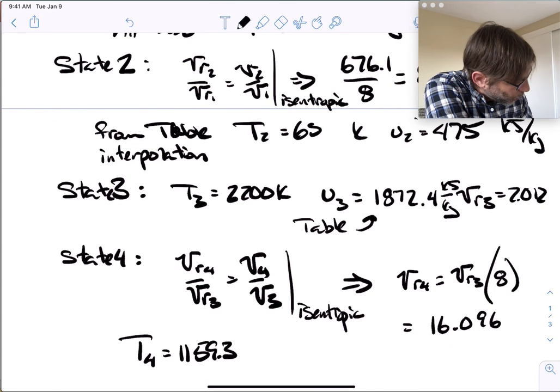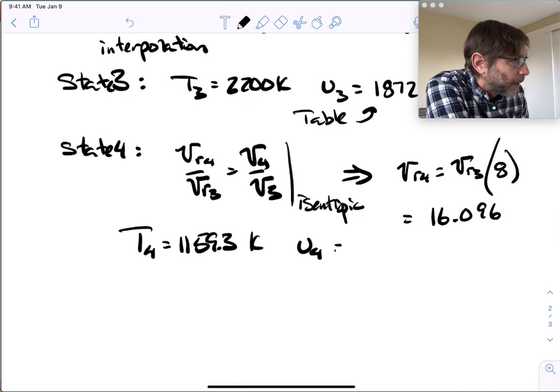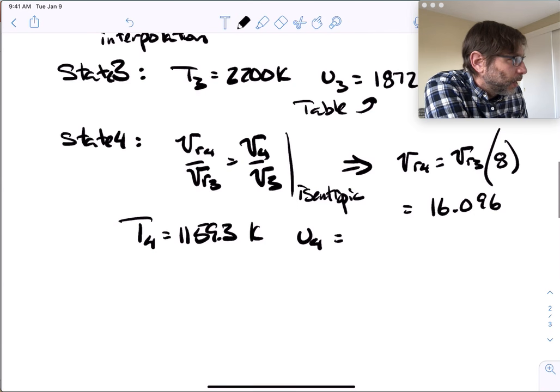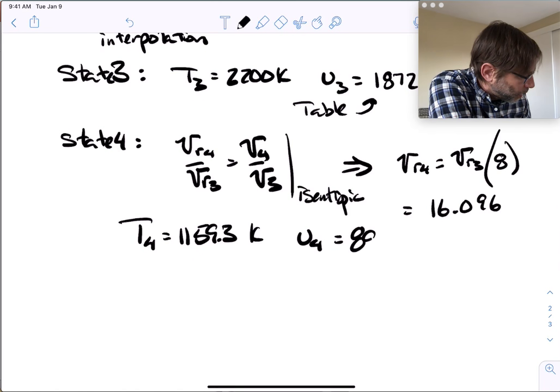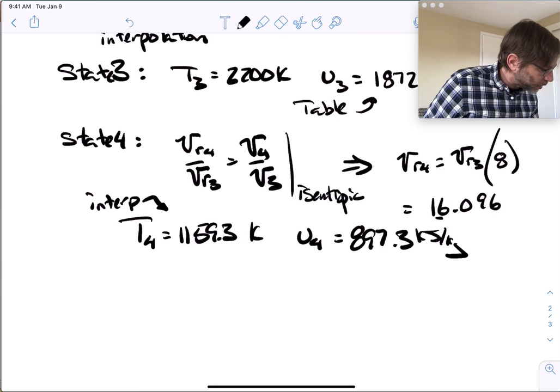I just copied this other one wrong. So it's 652 K, and this one here is 1159.3 K, and u4, which is the last thing we need, is 897.3 kilojoules per kilogram. This is from interpolation again in the table.